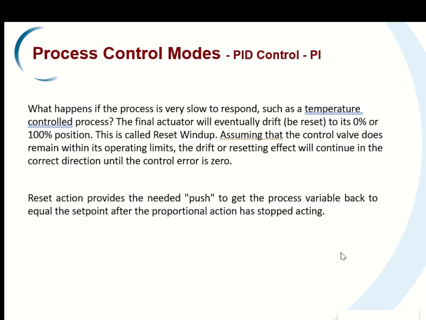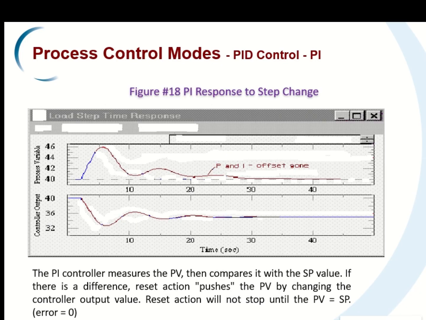The reset action provides the needed push to get the process variable back to equal the set point after the proportional action has stopped acting. So you can see that it tries to bring the variable close to the set point. See, there is an offset over here, and then you can see it has now converged after this I action has acted, it is now close to the set point.